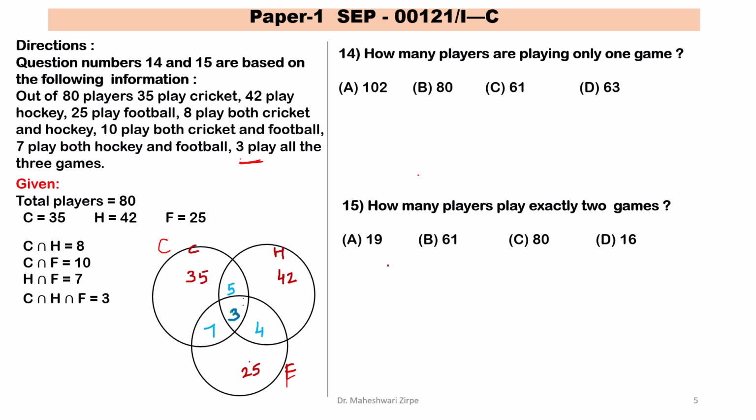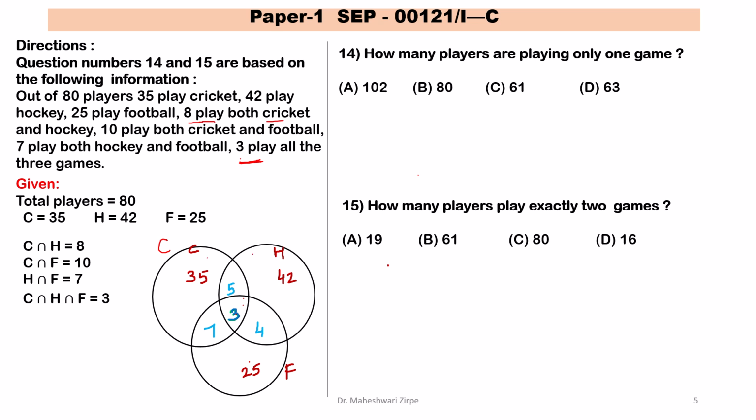Now if you see here, I have represented the numbers who are playing cricket, hockey, and football. The 3, as I told you, are the players who are playing all the 3 games. Now what are 5, 7, and 4? They have given us the information that 8 play both cricket and hockey.